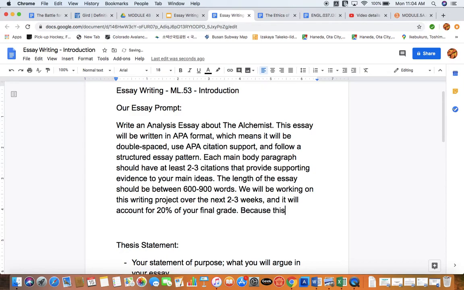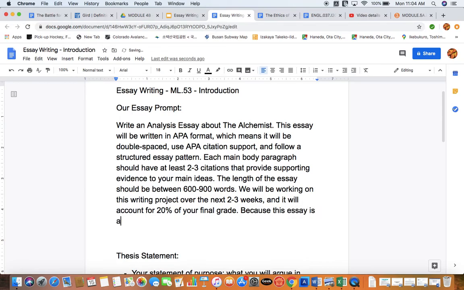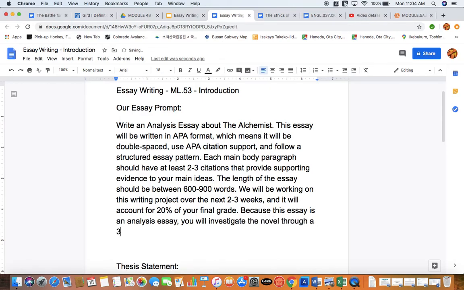Because this essay is an analysis essay, you will investigate the novel through a 3-window lens of analysis. And that's important for us to point out because we've been working with that 3-window lens throughout the last several weeks, right?